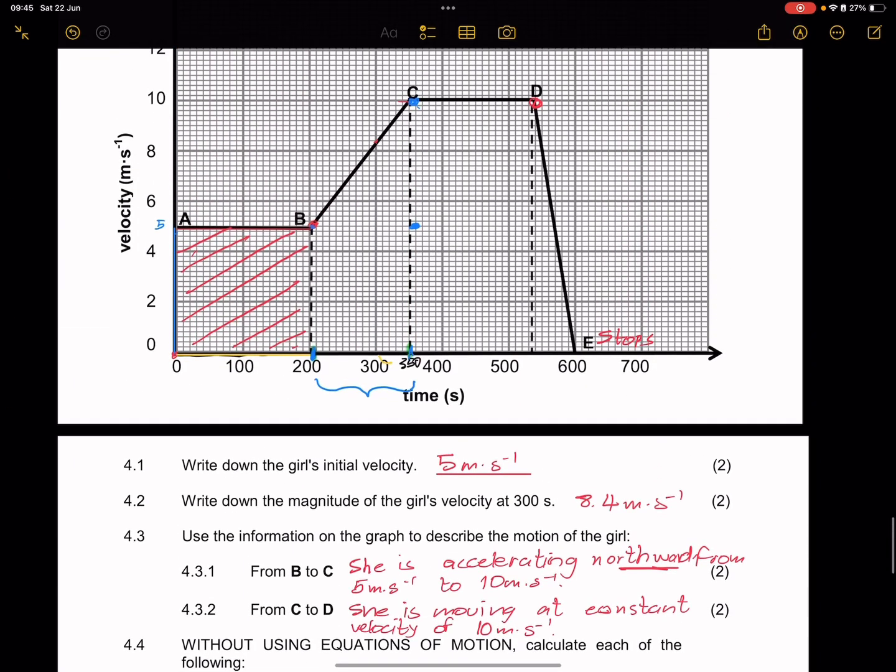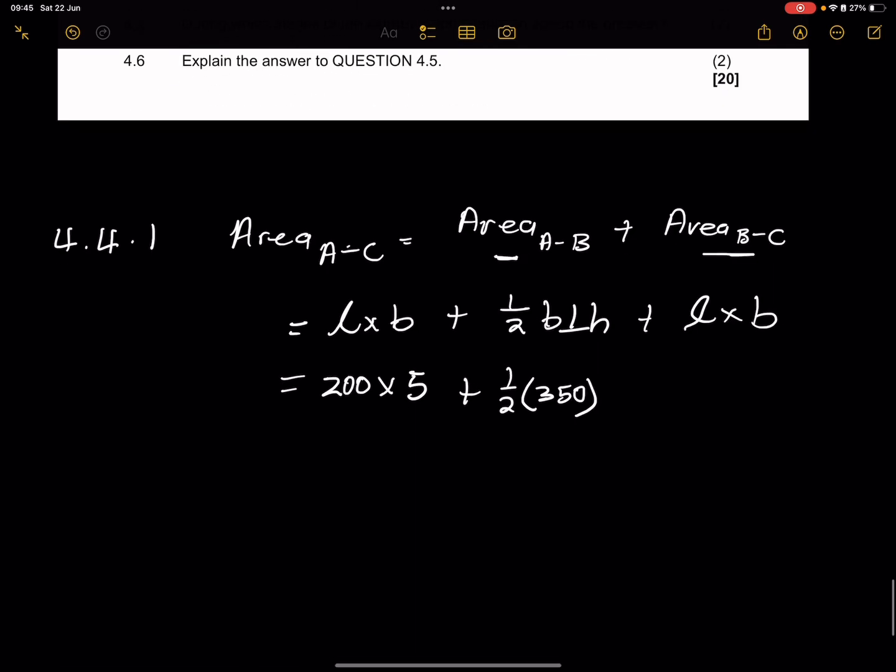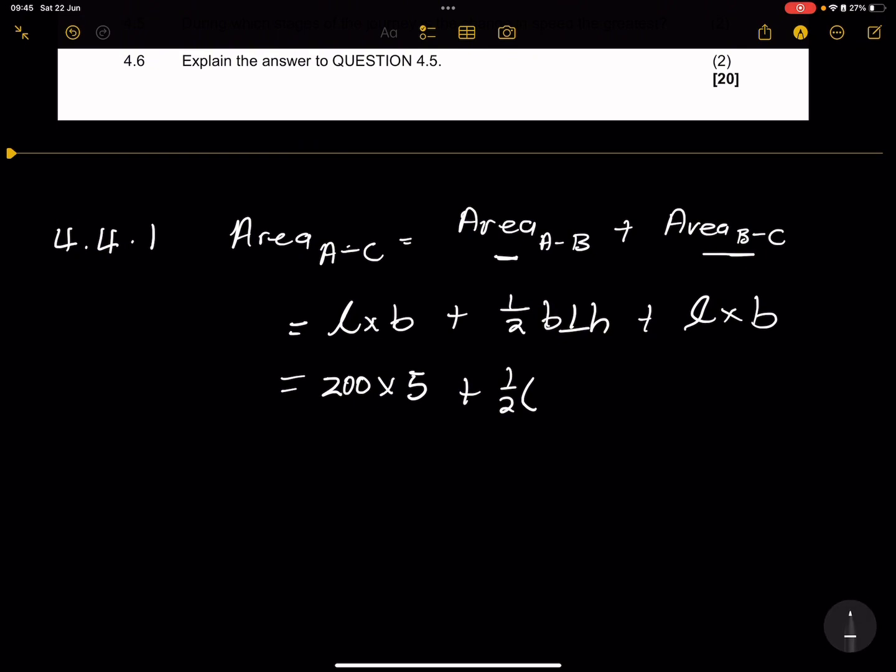Sorry, that's 350 minus 200 rather. So half of 350 minus 200, and the height we said was from 5 till 10, so you can say 10 minus 5.